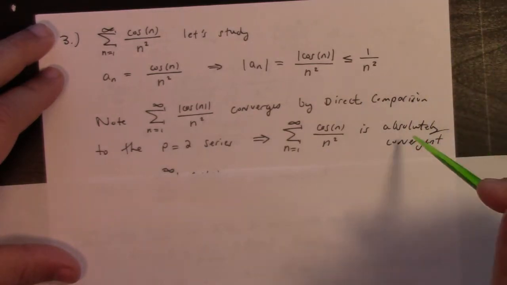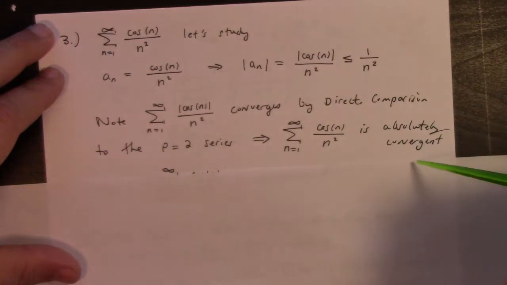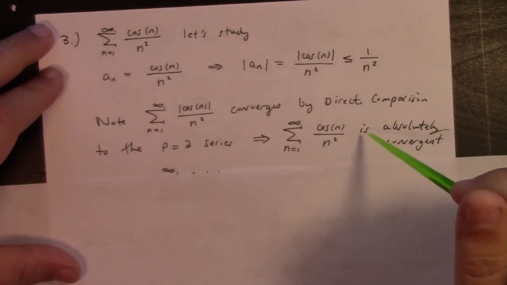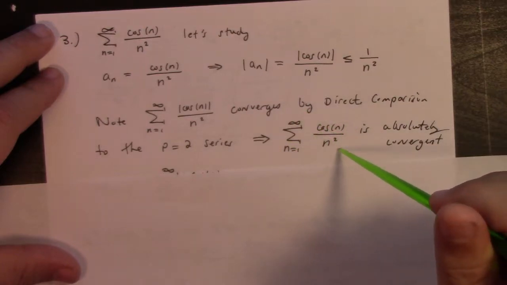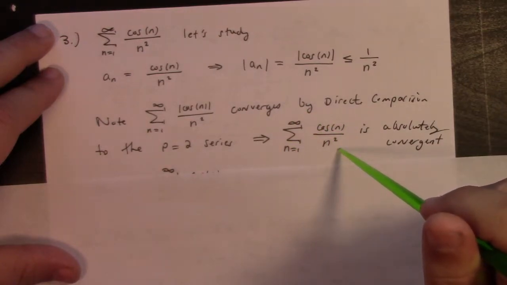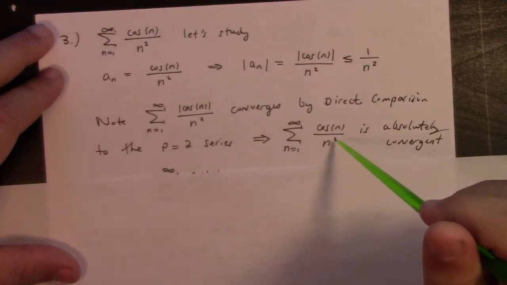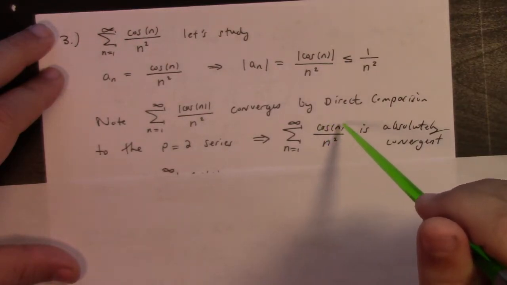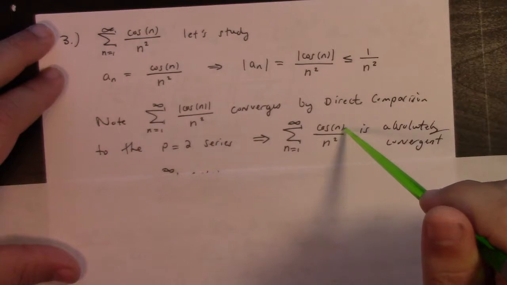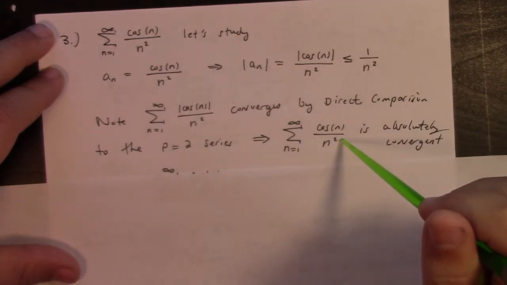This is important because it's difficult to see how you'd analyze cosine n over n squared with previous technology. It's not a series of positive terms because cosine n is alternately positive and negative, right? So we can't use limit comparison, we can't use direct comparison directly to this.